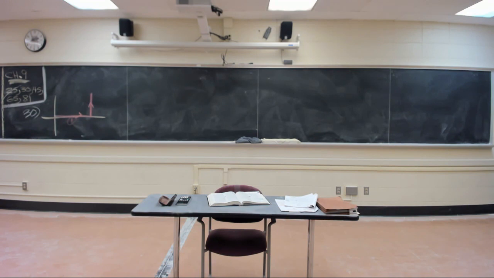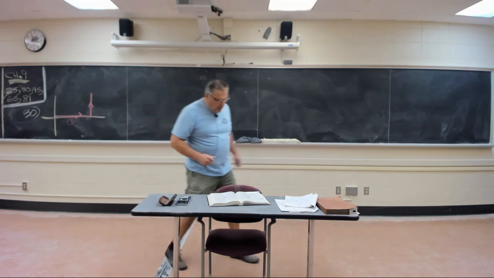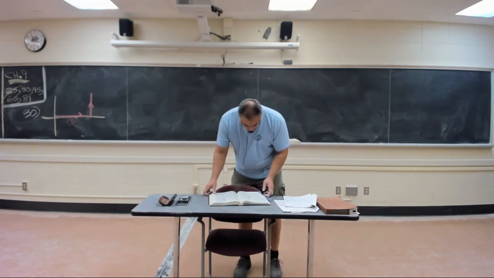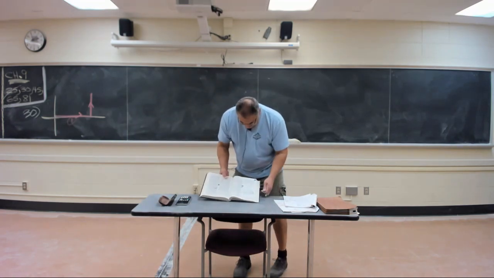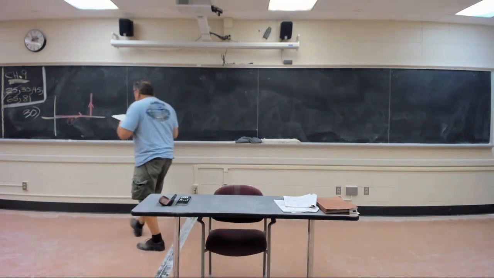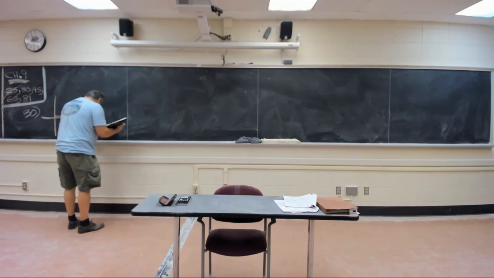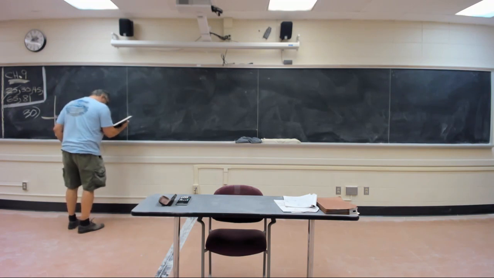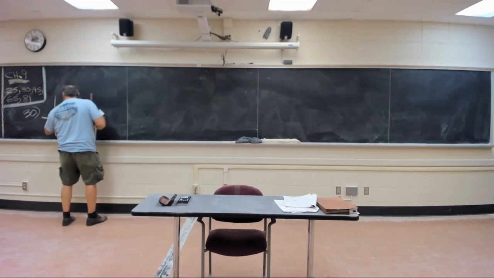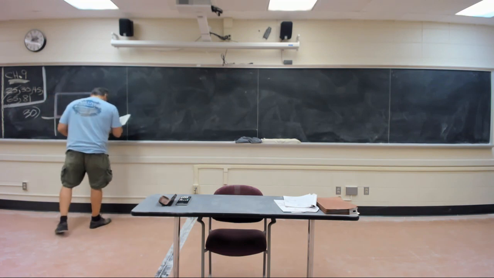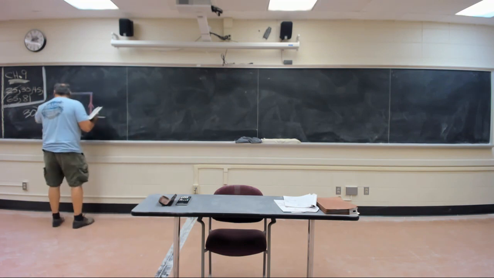All right, let me take a shot at it. That's path 1. Now let's just see how this goes, guys. They got different colors in the book, but that's not a real big deal. Path 2 is this.